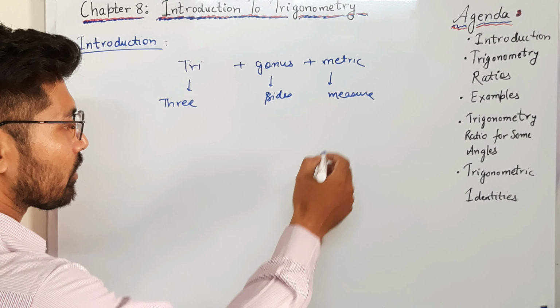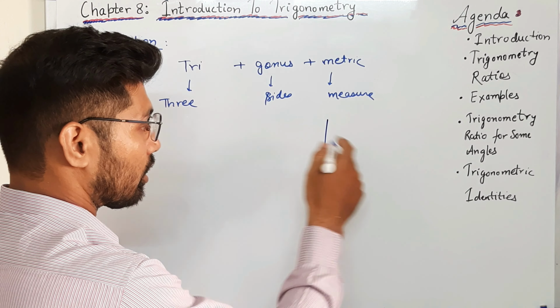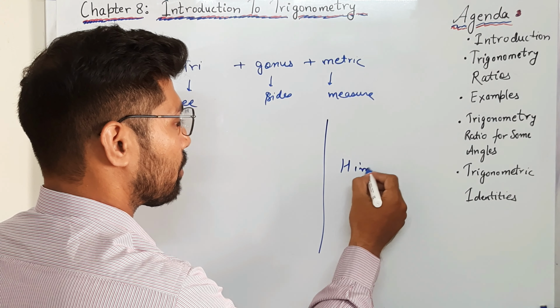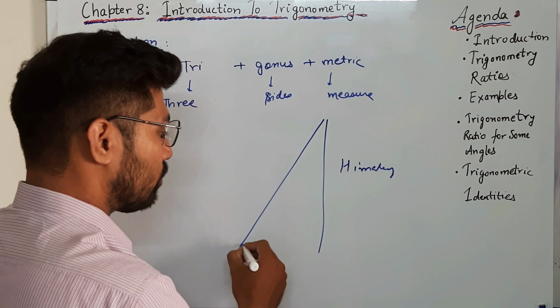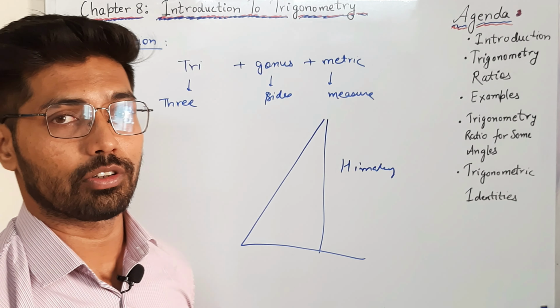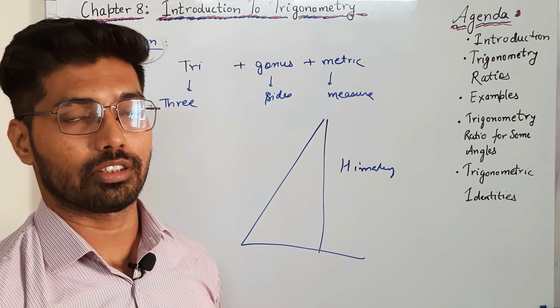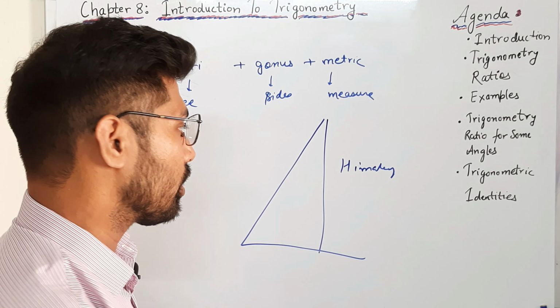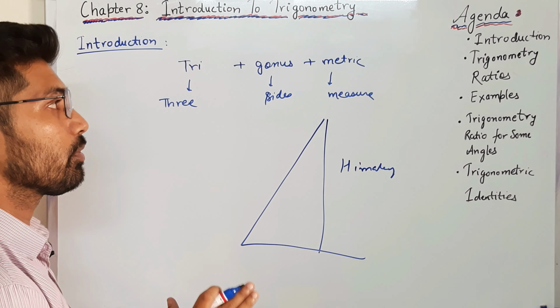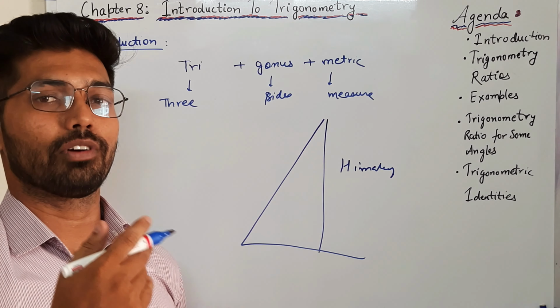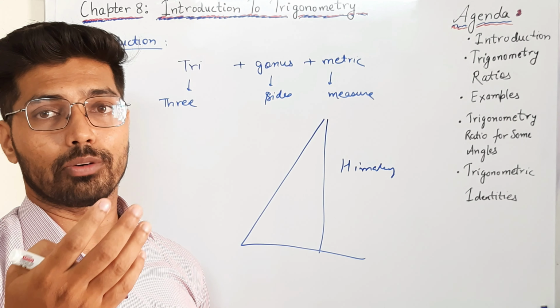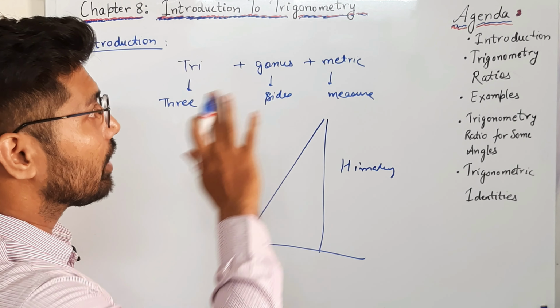For example, there is a tower or the Himalaya Parvat, and you need to find its height. You do not need to go with a measuring tape to measure the height of the tower. We will use the concept of trigonometry to measure the height of a tall or distant object.